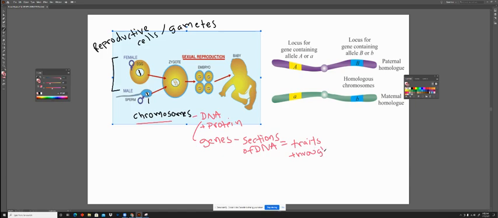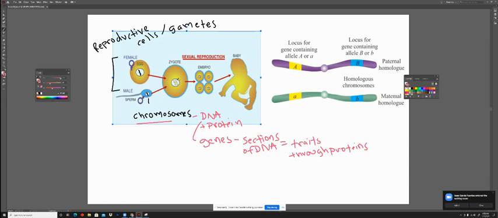So the gene codes for proteins, and those proteins are what determine your physical characteristics: your hair color, the curly hair, the round face, square face, anything, all the characteristics. So these are chromosomes. These are what are located inside the reproductive cells.